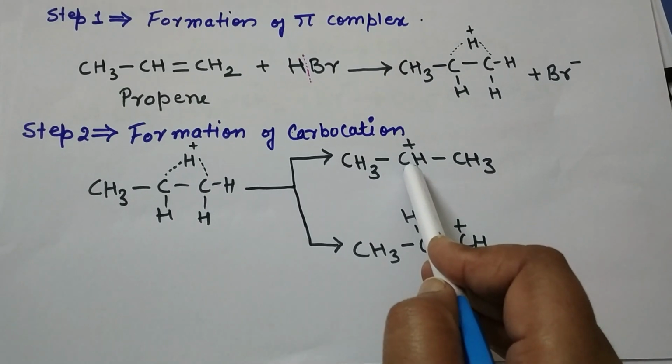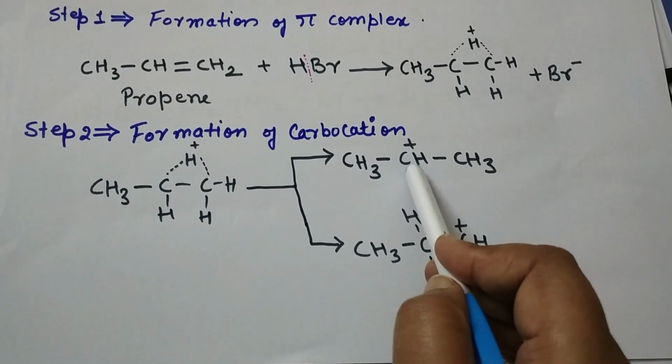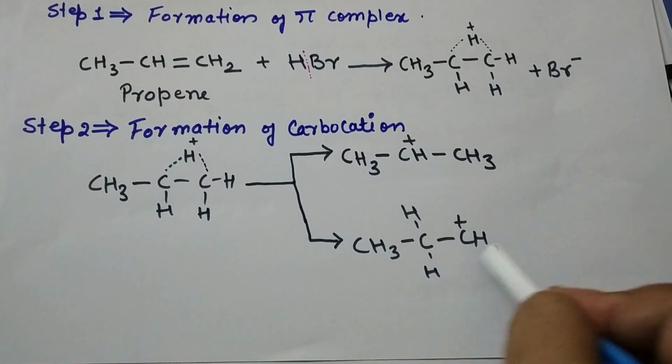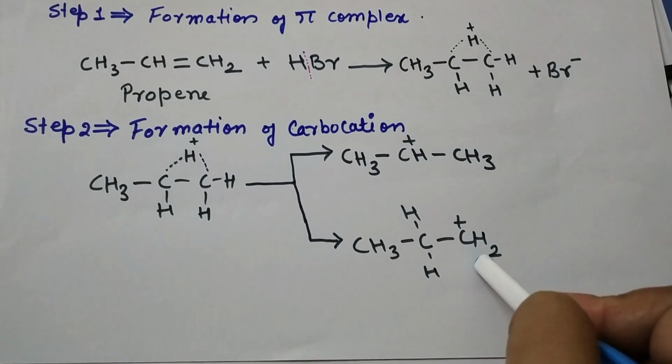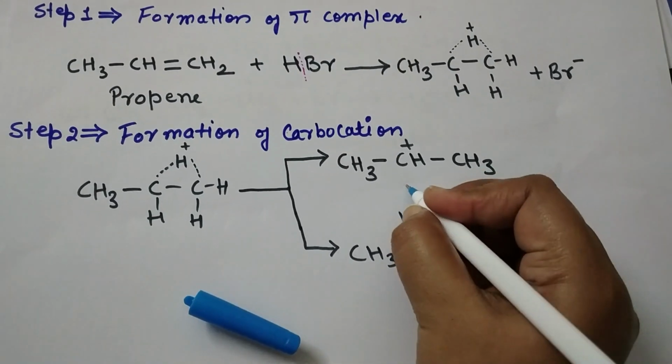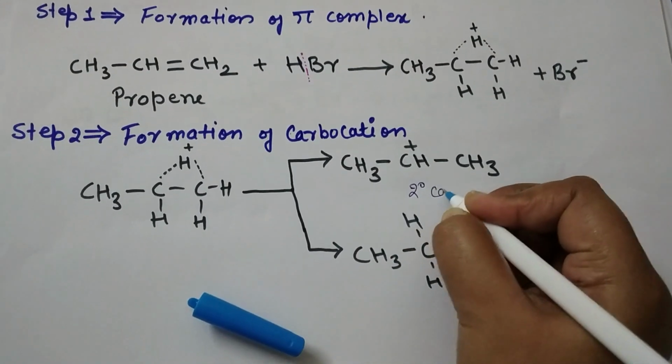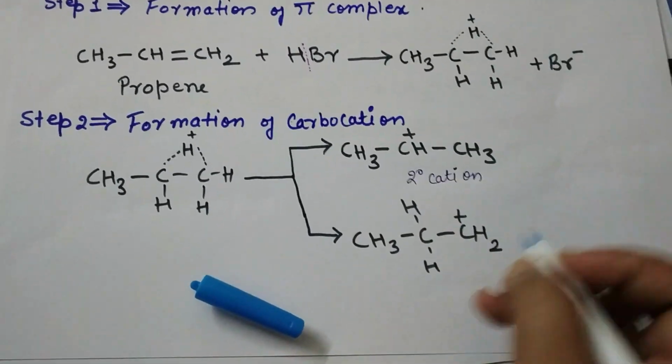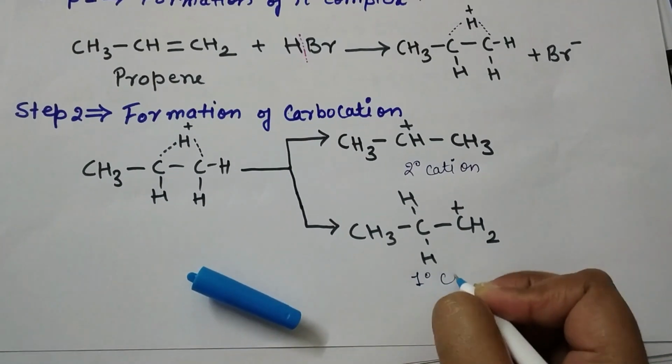In the first case, the positive charge is present on the second carbon and in the second case the positive charge is present on the first carbon. So here it is the formation of secondary cation and it is the formation of primary cation.